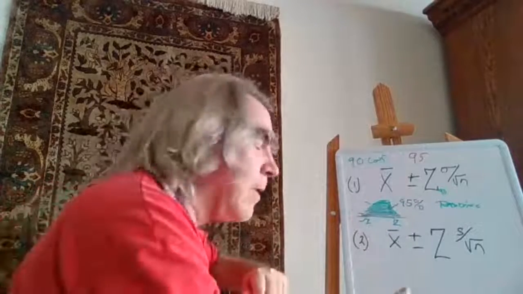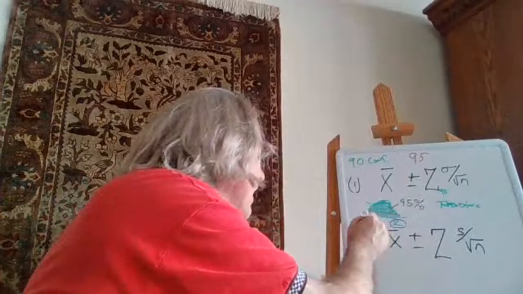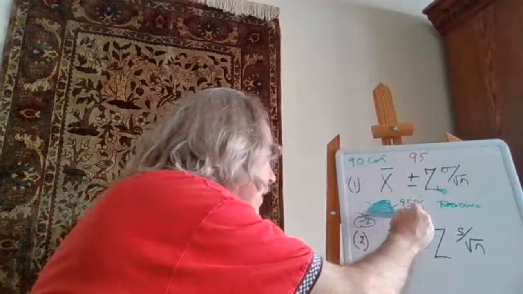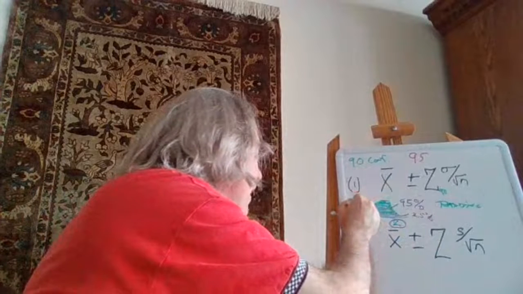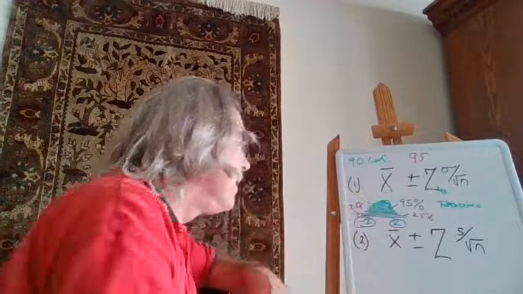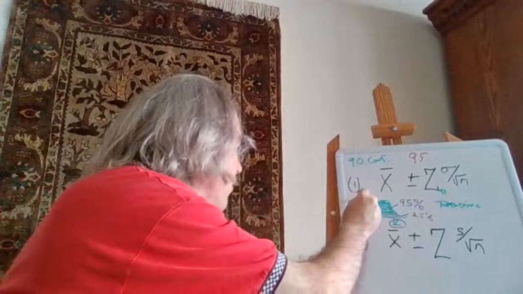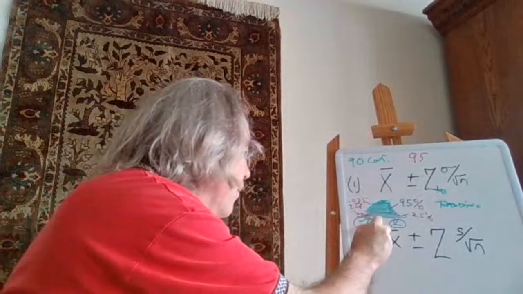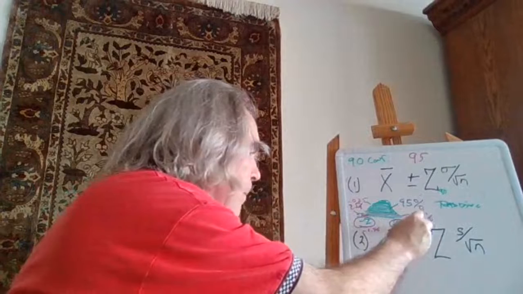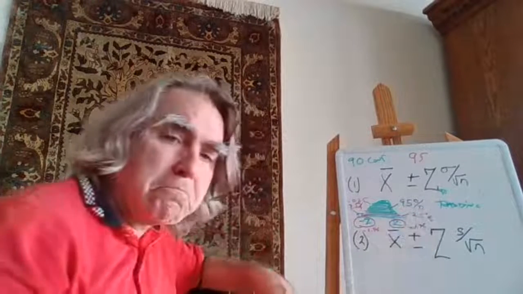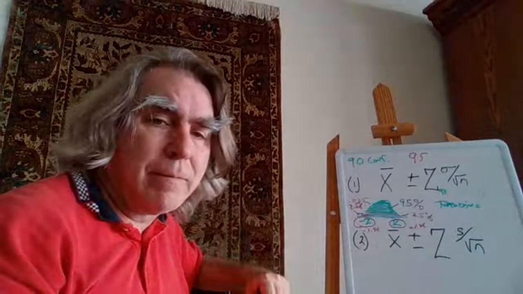We happen to know, because we've done this frequently, that the z value that has 95% here has 2.5% in this tail and 2.5% in this tail. What z value has 0.025? Well, that is 1.96 on the negative side, and over on this side, positive 1.96. Don't believe me? Look it up in the table.